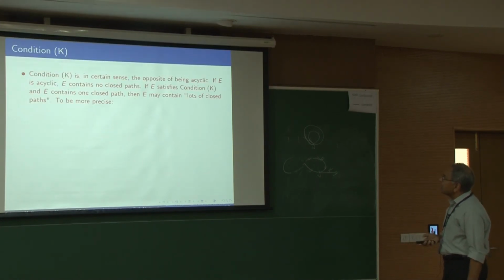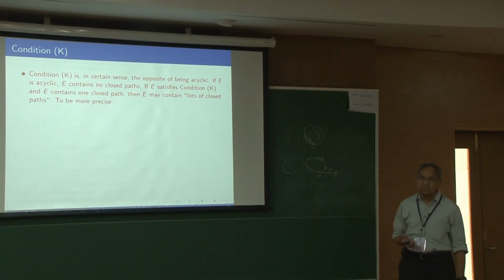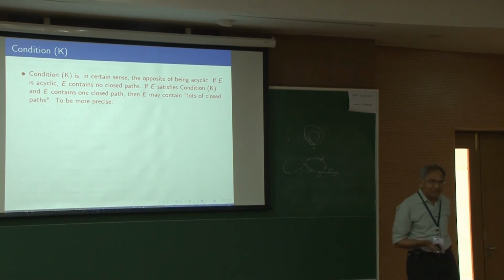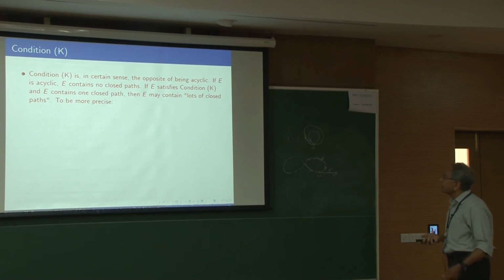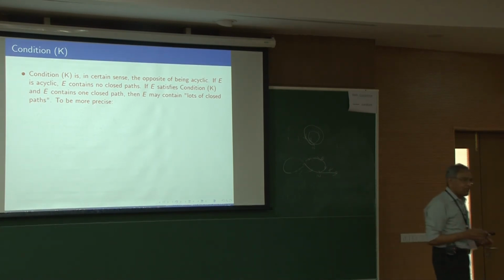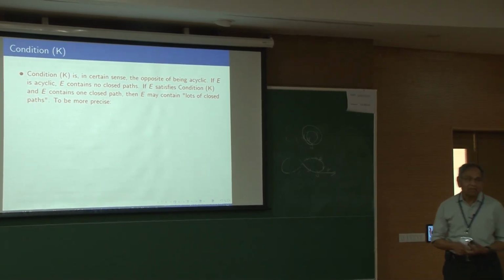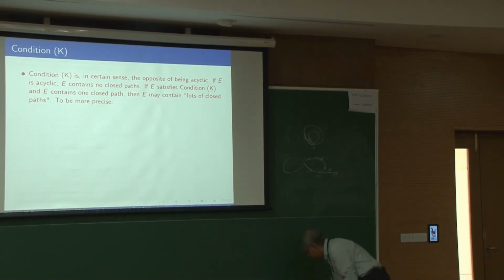Next, the property of a graph satisfying condition K. Again, these ideas are given by graphs which are algebraized, and they work very intensively using some of these properties. Condition K, in some sense, is the opposite of having no cycles.